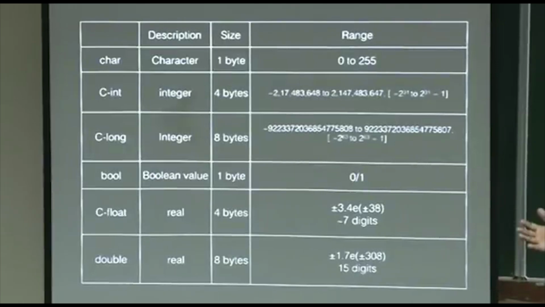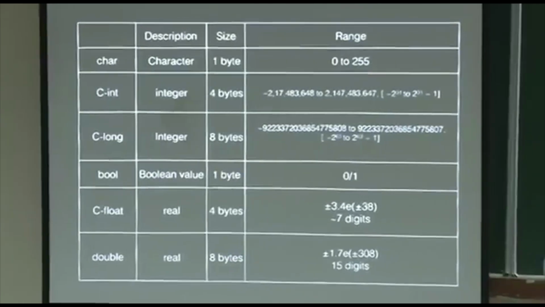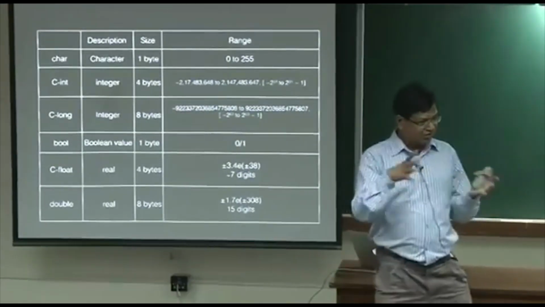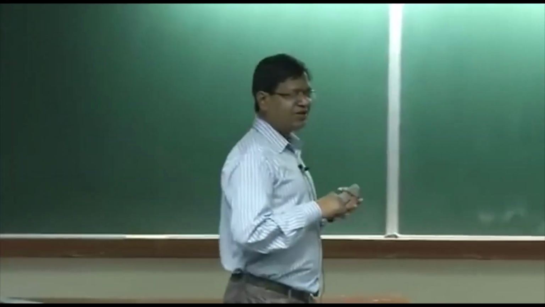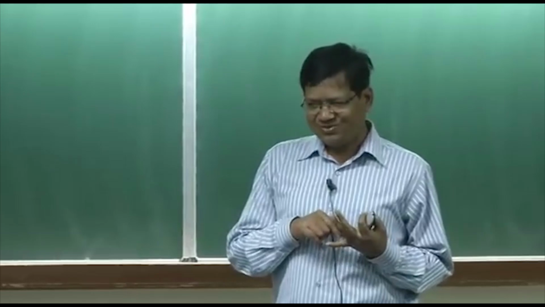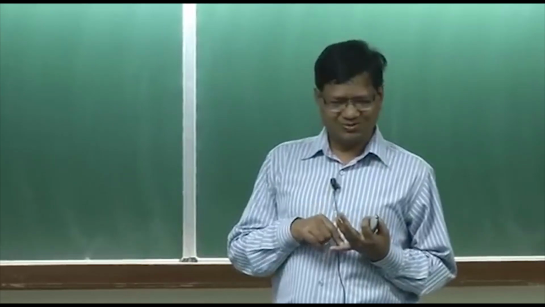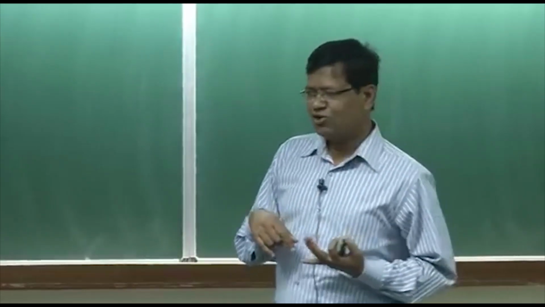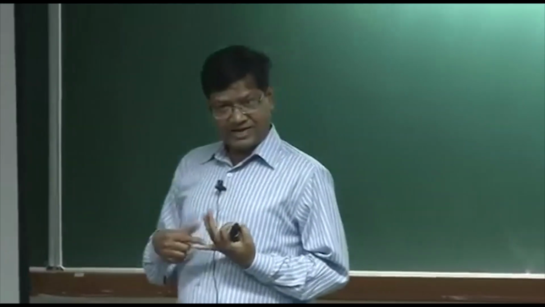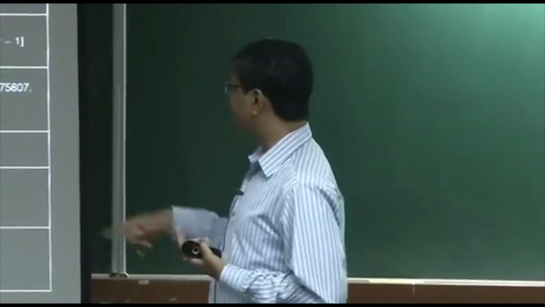My array is sometimes 2000 cube. Like if I am trying to simulate weather, then my data will be 2000 cube in each direction. So how many data points will there be? 2000 cube will be 8 billion, and 8 billion exceeds it.